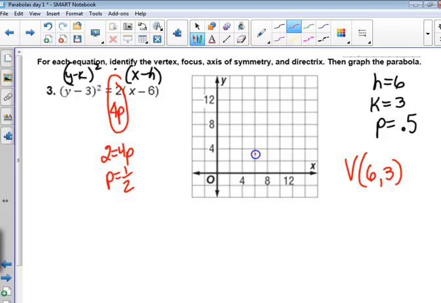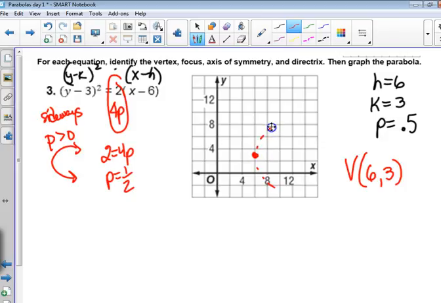Now before we go any further, we need to decide which way this is going to open, right? It's y squared, so it's sideways. And p was positive, so it's going to open to the right. So the focus is going to be inside of the parabola that goes this way.